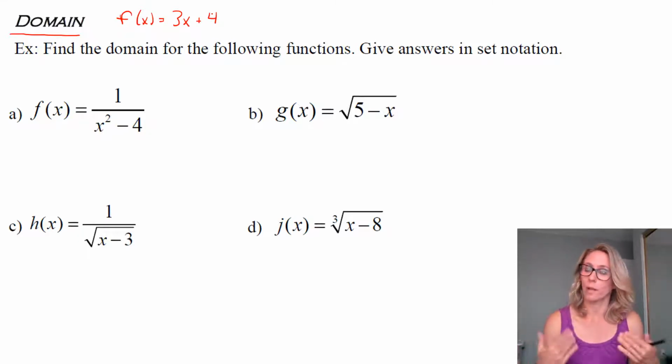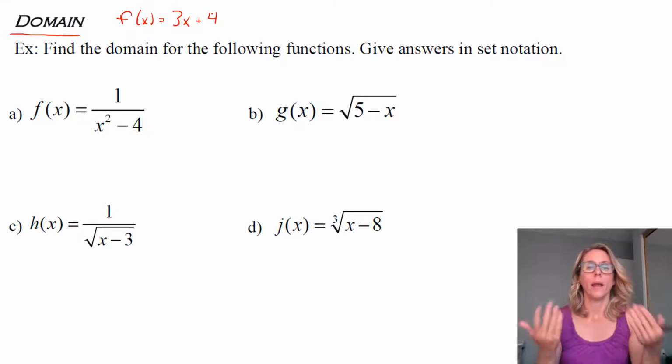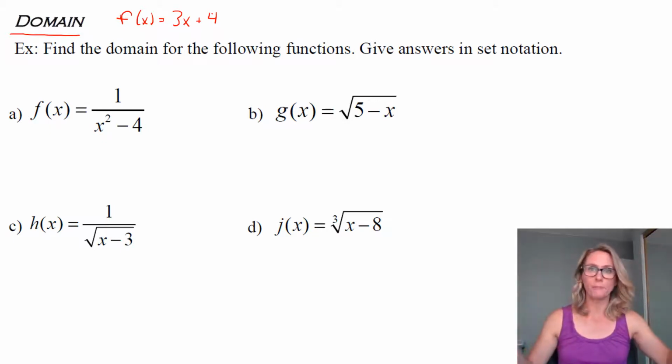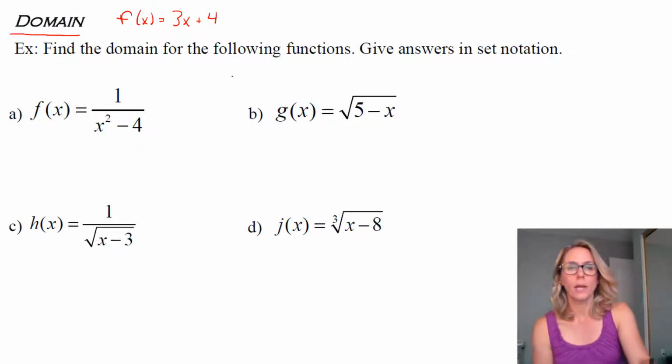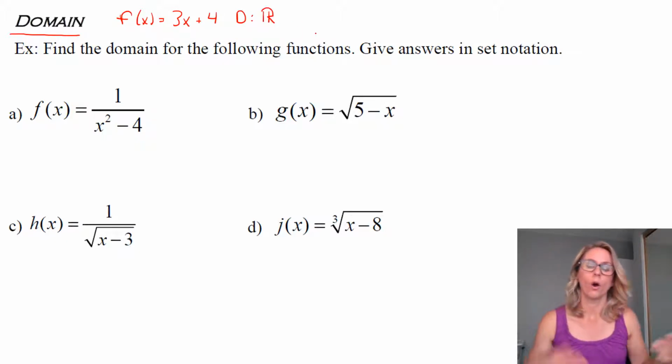Any value of x where I can do that, and out will pop a real number, something that is legit, some real number that we know, is going to work, is going to be part of our domain. And there is no real number that we can't multiply by 3 and add 4 to. There's literally no number out there that's a real number that's not possible for that. So in a case like this, the domain would be all real numbers. So here's set notation, all real numbers.